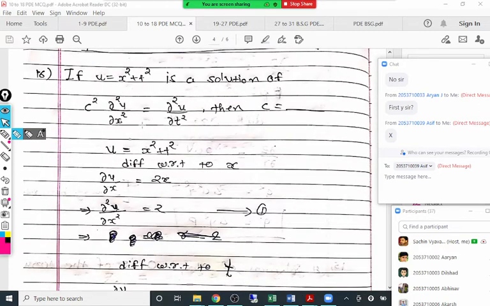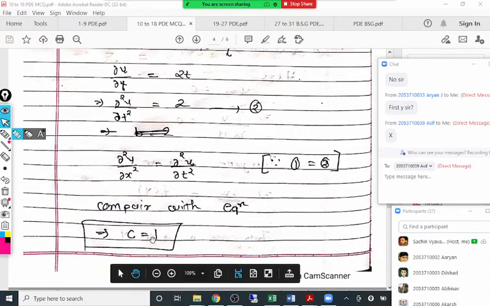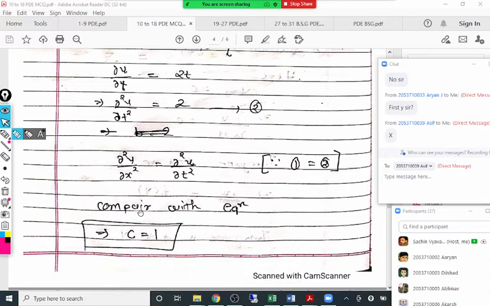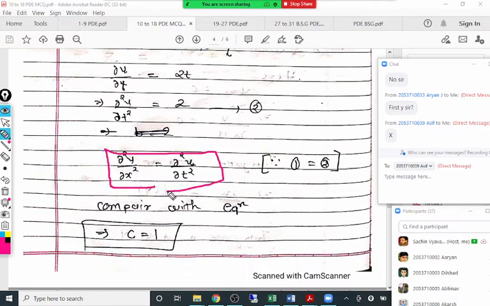And now if you compare with the original equation, c will be 1. So the answer c will be 1. That's good, correct. Any doubt? Comparing with the original equation, this is the equation we derived, but we are given dou square u by dou x square equal to c times dou square u by dou t square. So obviously c will be 1.